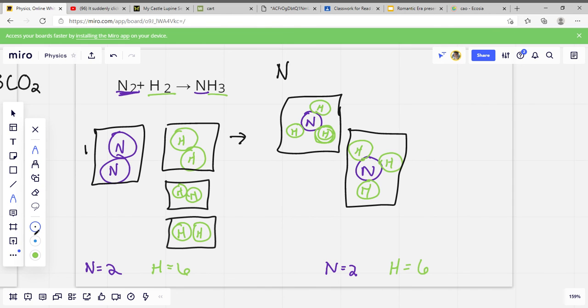So N2 plus H2, we have 1, 2, 3 of those. 3 H2s. And we're going to get 2 of these NH3s. Oops. We need 2. Okay, so these break down and recombine to make these 2.